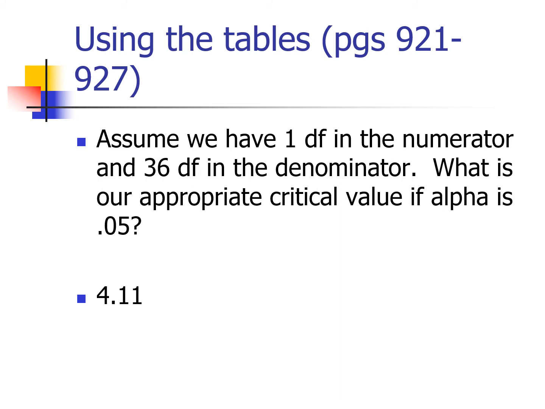The tables are ultimately simpler than the t-table. So if you struggled a little bit with the t-table, I think you'll find using the f-table easier. However, there are like 7 of these tables that we have to work with. If you have the 5th edition textbook, you can open your textbook and look at pages 921 to 927.